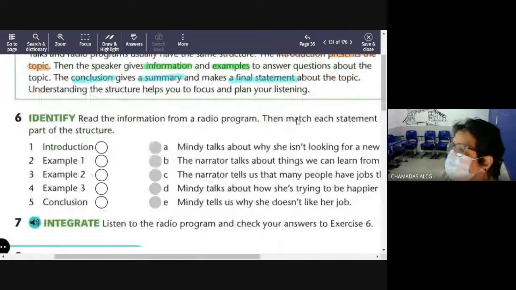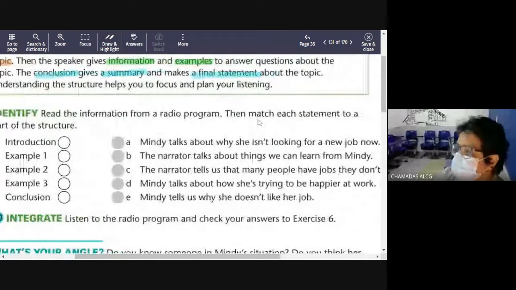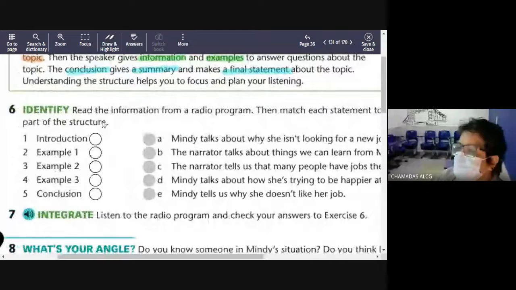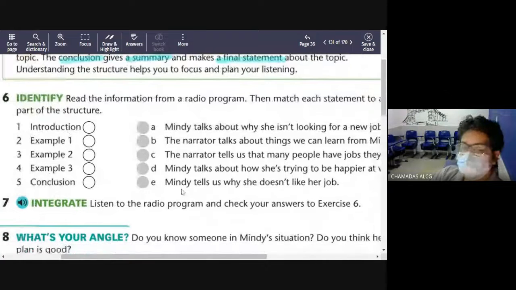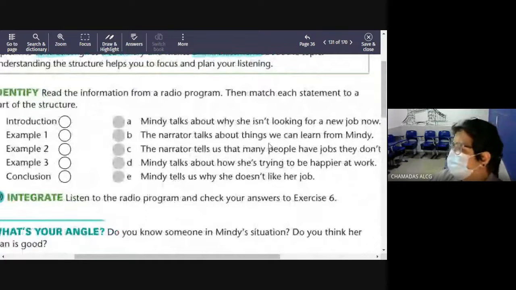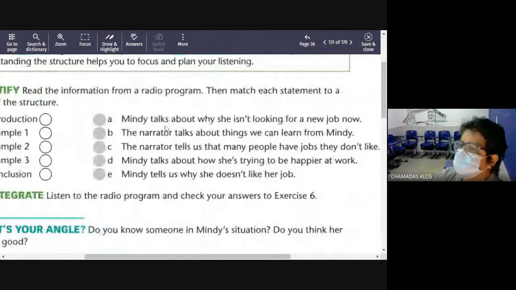So read the information from a radio program. Then match each statement to a part of the structure. So here we have introduction, examples, conclusion. So let's do the matching. Let's see the statements. The first one.